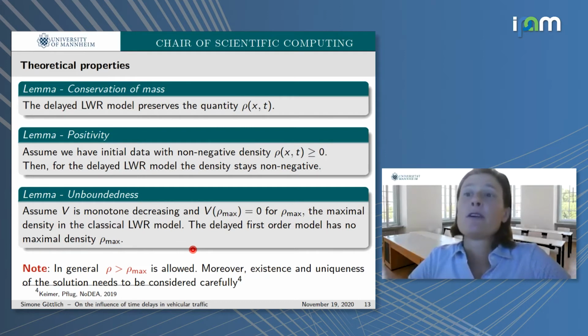And moreover, let me comment on the existence and uniqueness of the solution. This needs to be considered very carefully. For a slightly different model, Keimer and Pflug did this in a recent contribution. But so far, we were not able to transfer these results to our setting.